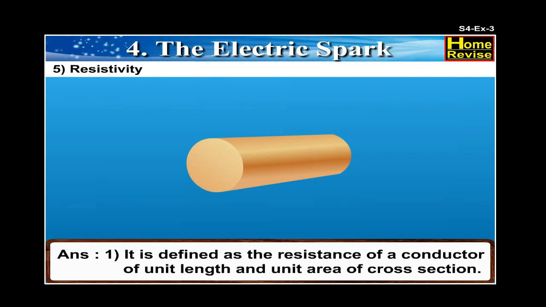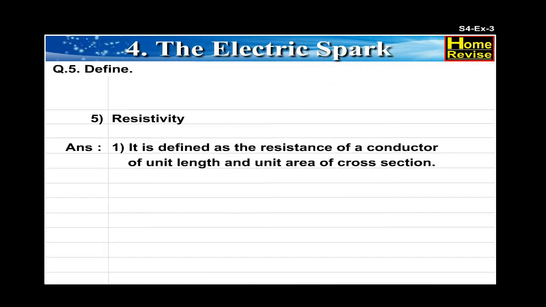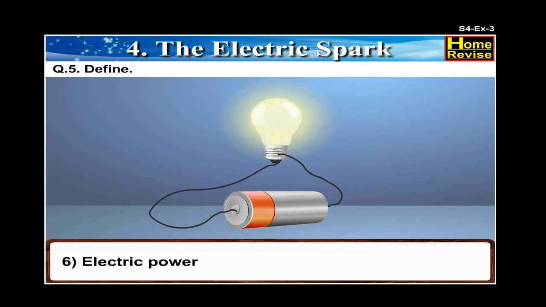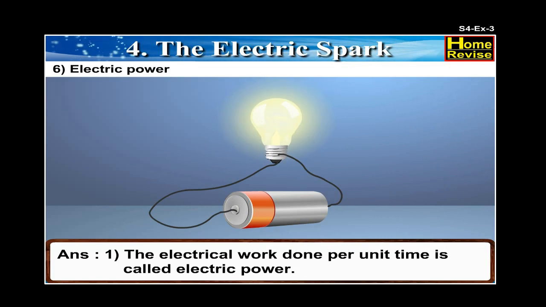It is defined as the resistance of a conductor of unit length and unit area of cross-section. Sixth, electric power. The electrical work done per unit time is called electric power.